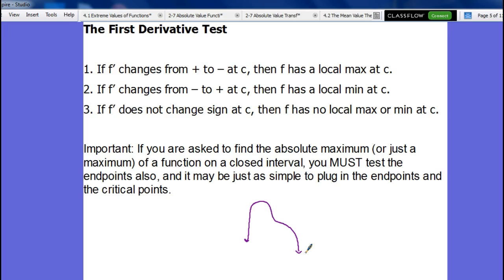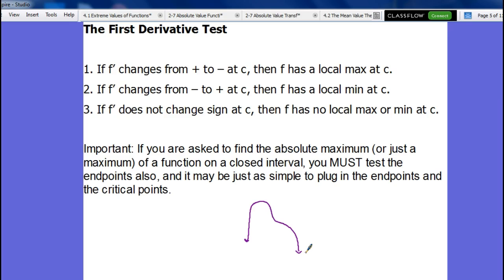All right, important. If you are asked to find an absolute max versus just a max of a function on a closed interval, you must test the endpoints. What theorem is that? If I have to test the endpoints, what theorem is that?